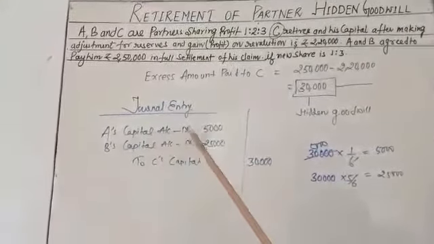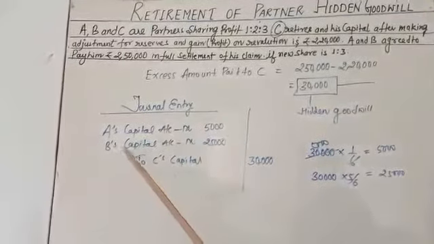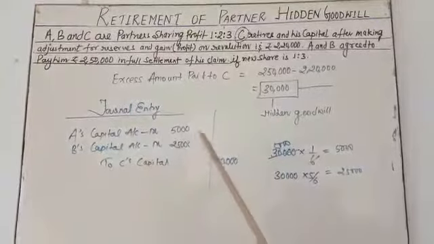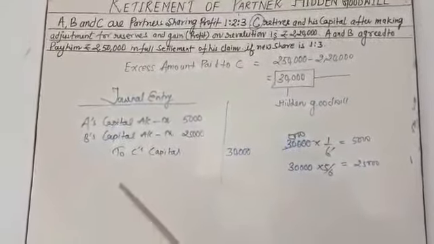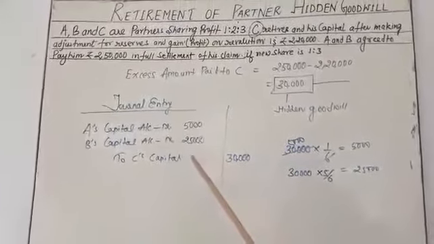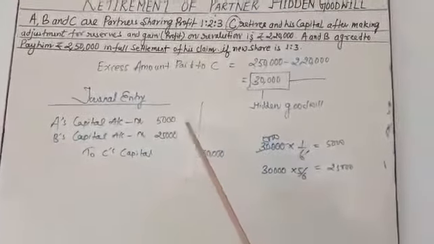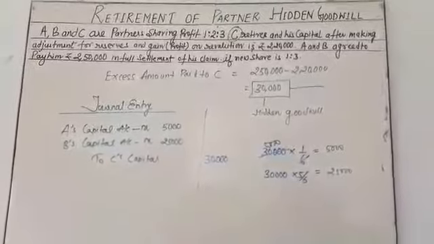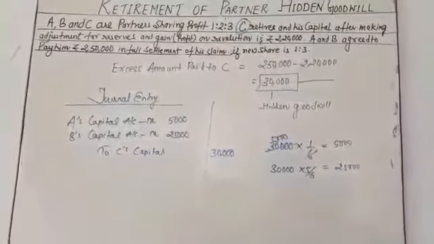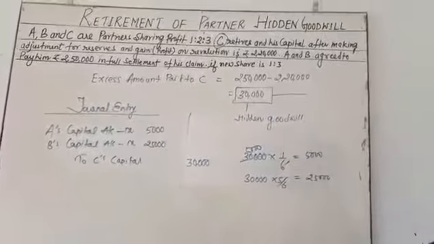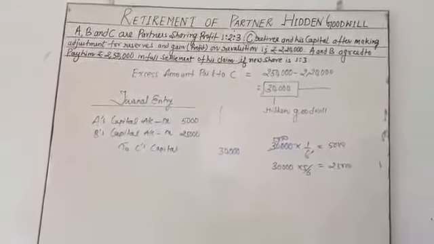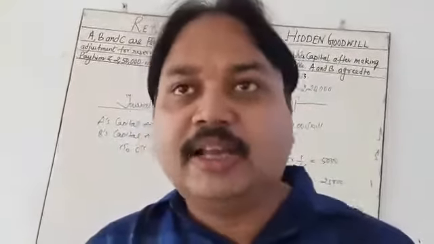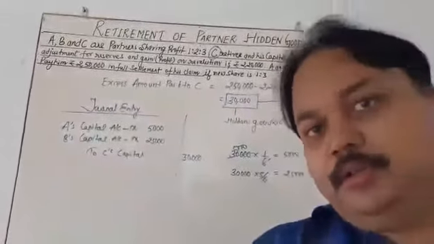A's capital account debit 5,000, B's capital account debit 25,000, to C's capital account 30,000. It means A and B are going to pay 30,000 in the gaining ratio, that is 5,000 plus 25,000 rupees. I hope you have understood this. My dear student, it is very important sometimes, due to the risk of calculation in a long question. Thank you.